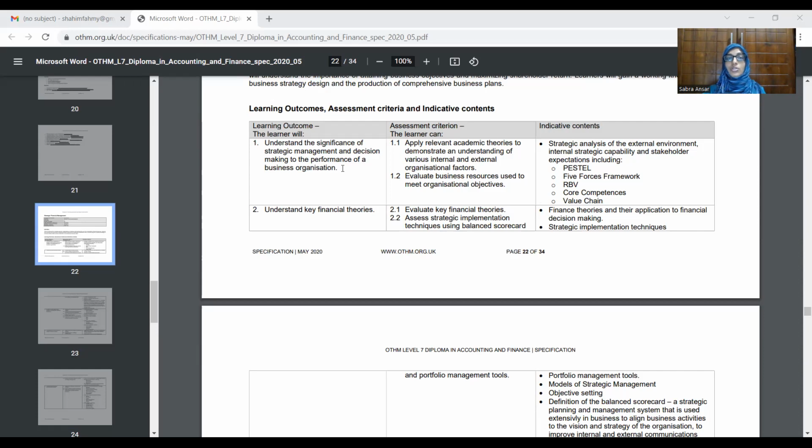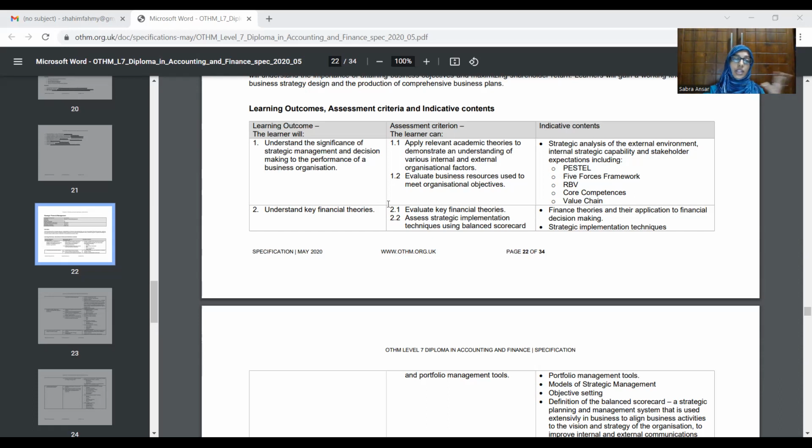This talks about how strategic management decision making helps the performance of a business organization. You should be able to apply relevant theories, demonstrate an understanding of internal and external organizational factors, and evaluate resources used to meet organizational objectives.